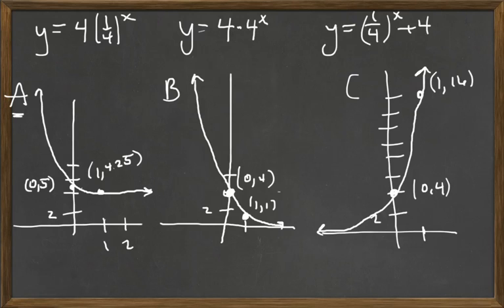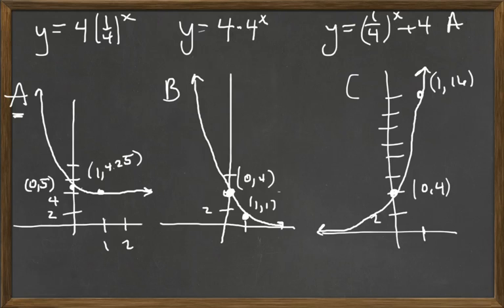So let's take A, for example. A, I can tell it right here at 4, it has a vertical shift up 4 because the horizontal asymptote is at 4. If I go up and look at my equations, I can see that only one has a vertical shift of 4. So this is going to end up being A. The next part, I'll look at these and I can look at the differences.